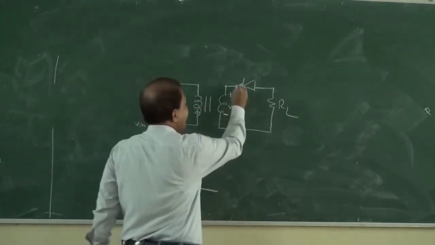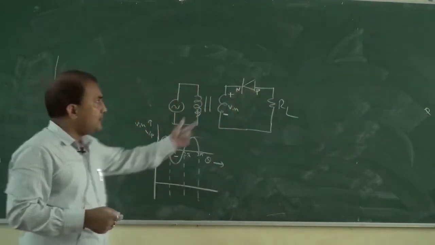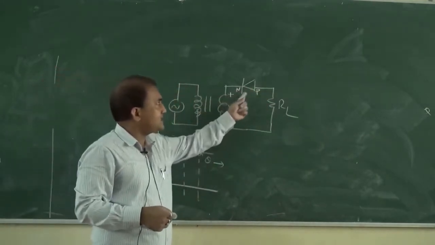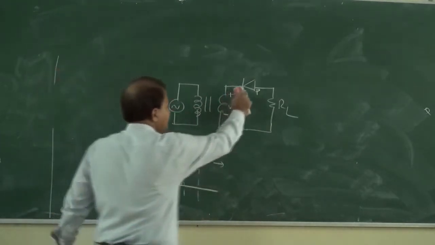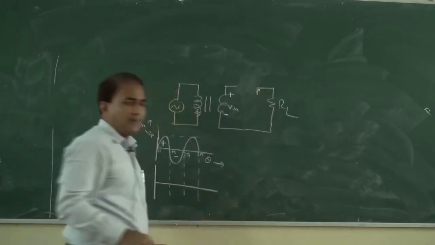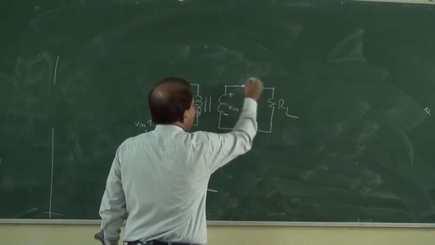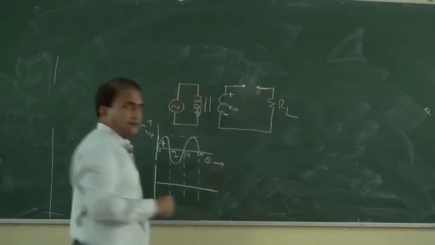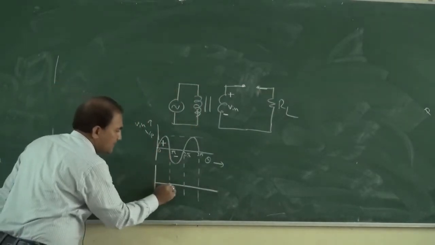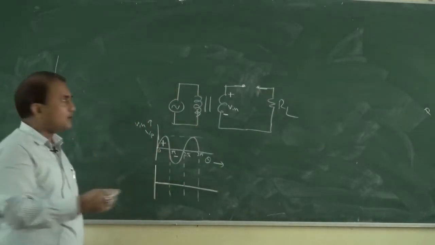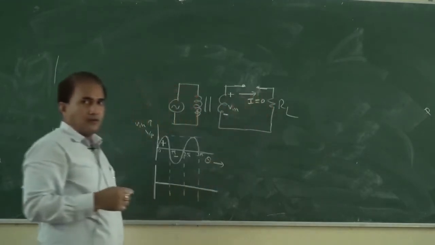Now this positive is on the N side of the PN junction, and this is the P side. For this case, this diode is in reverse bias condition, so under the ideal case we can replace it with an open switch. So the output will be 0 because I is equal to 0.